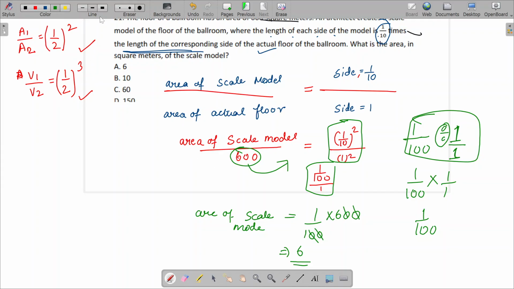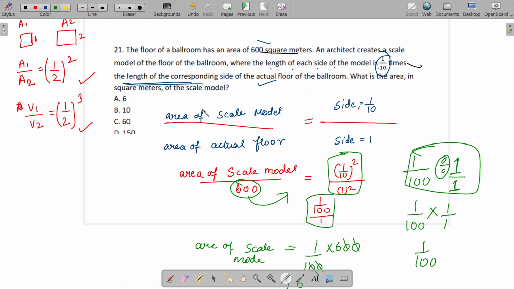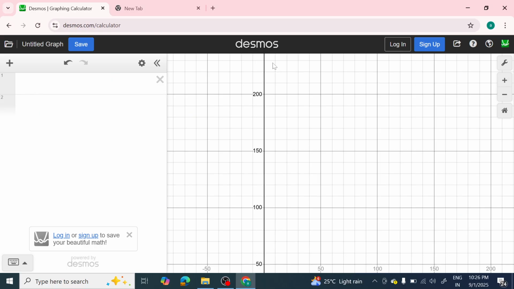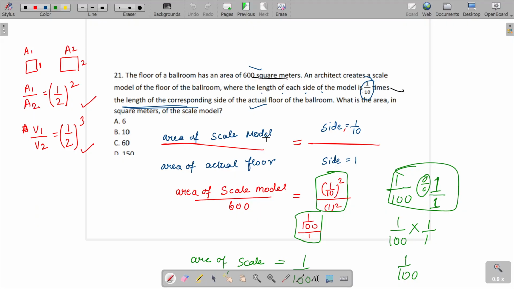Let me reiterate what we did. We read the question and I know that two things are given: area and the corresponding side. We know the relation between the area and its corresponding side. If we are finding the ratio, I'll square the side length.